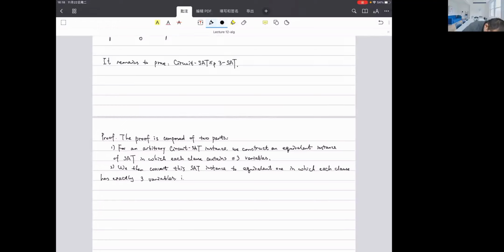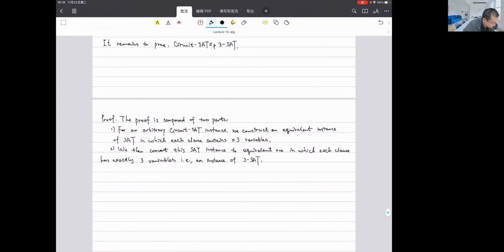And this is, just according to the definition of three-set, going to be an instance of three-set. And then we finish the proof here.